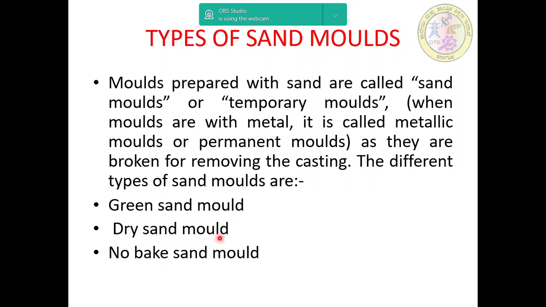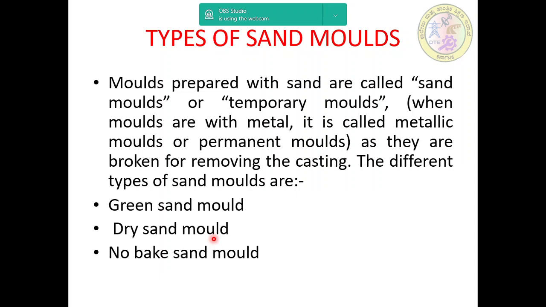After preparing the dry sand mold, that is, the dry sand mold is prepared in the normal manner as that of green sand mold, that is by mixing base sand and then binder, that is clay, and then you have to add water, and sometimes you can add additives.